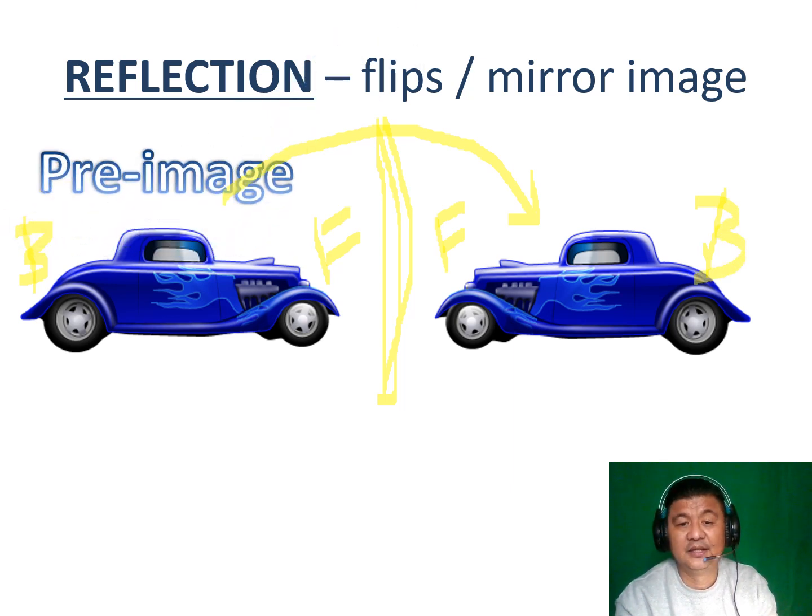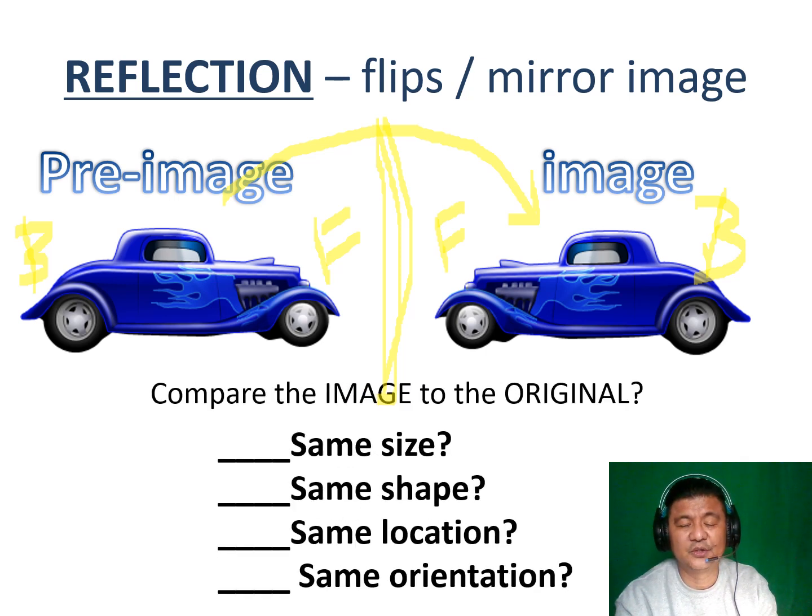So let's again look at the pre-image and the image. We will compare. Does it have the same of all the following? The sizes are same. Agree. How about the shape? Same. We agree. How about the location? X. Correct. Because it's in another place now. The orientation.